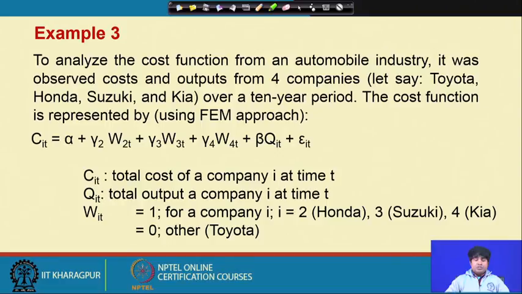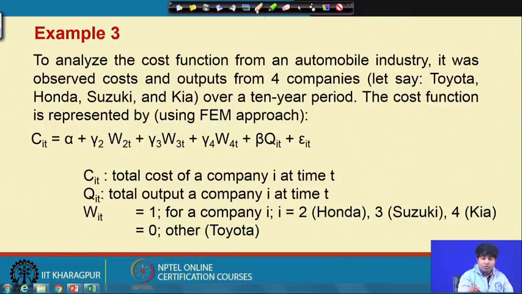It is annual data, with 4 companies, and we want to check which company is more effective in the impact of output on cost at a particular level of output. Accordingly, our model will be like this.